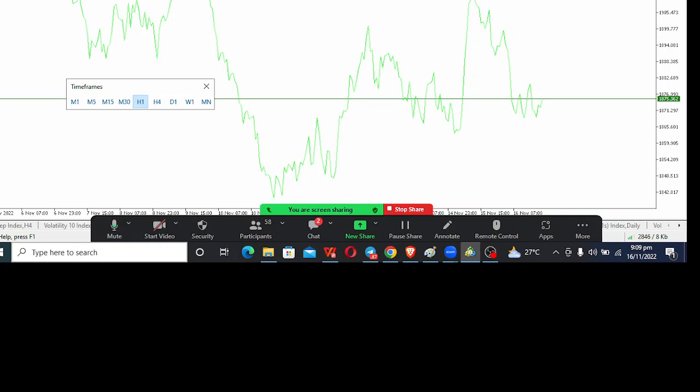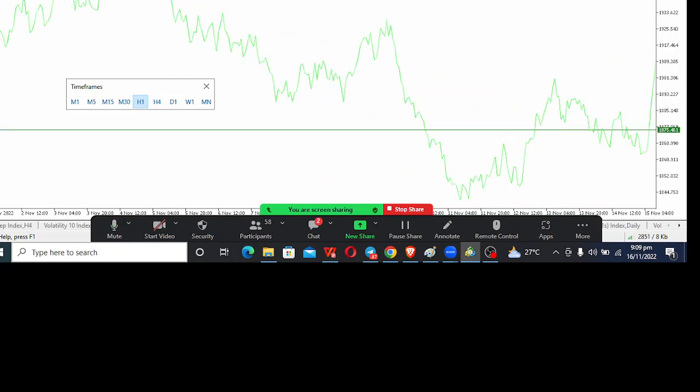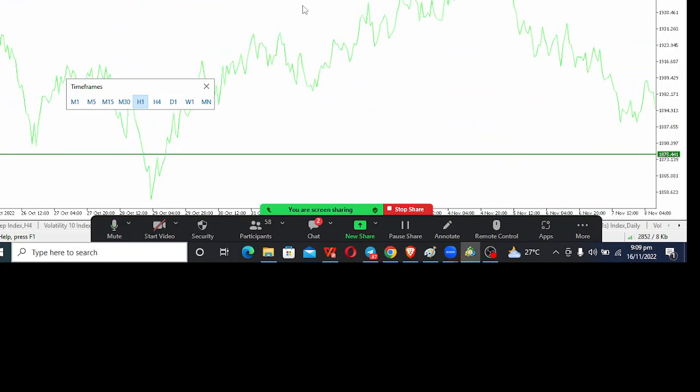Since we've not started trend lines yet, let me just ignore the trend lines for now and mark a few levels over here. If there's anything you do not understand, you can put it in the chat box. And if you don't agree with me on something, you can still drop it in the chat box.